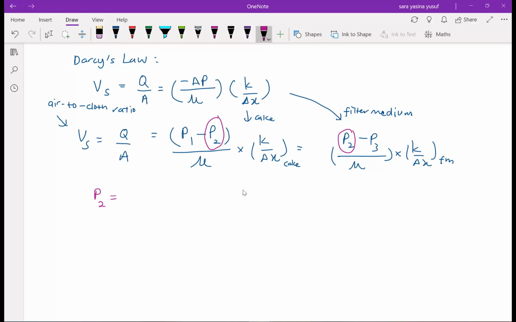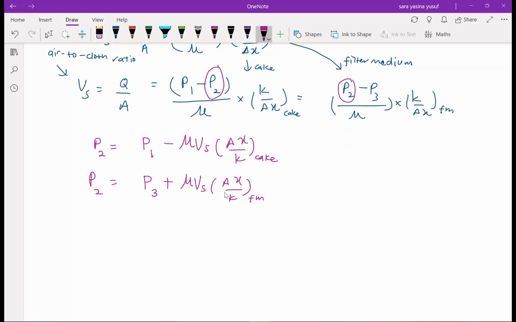So we may rearrange this into P1 minus mu Vs. You can try this one by yourself. Okay, and then another expression for the filter medium is P3 plus mu Vs delta X over K of the filter medium. Okay, therefore, the first equation can be substituted into the second one.